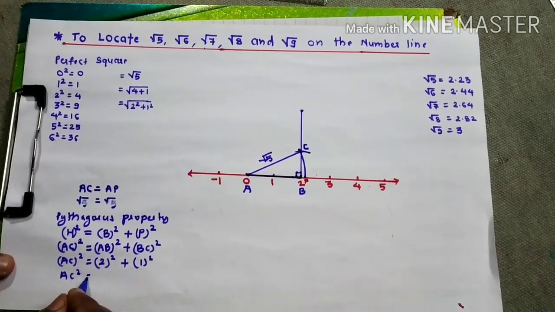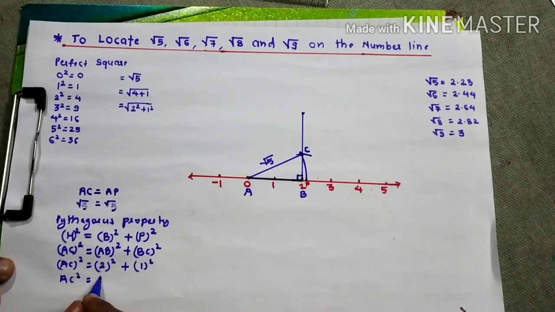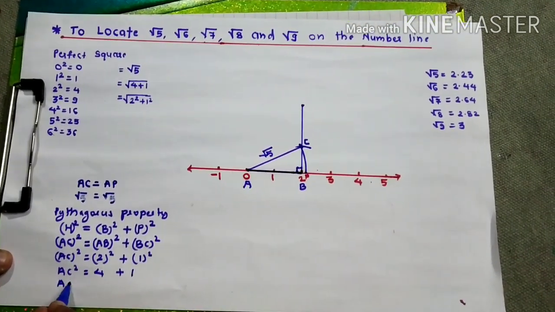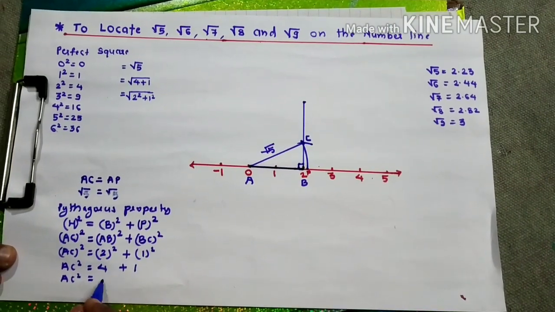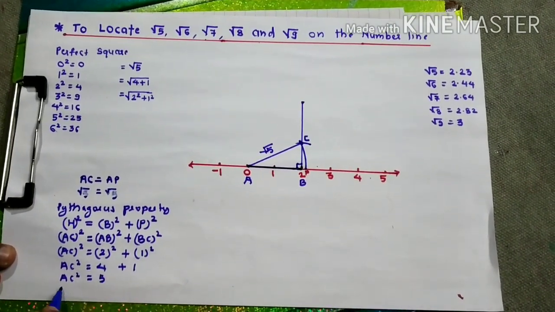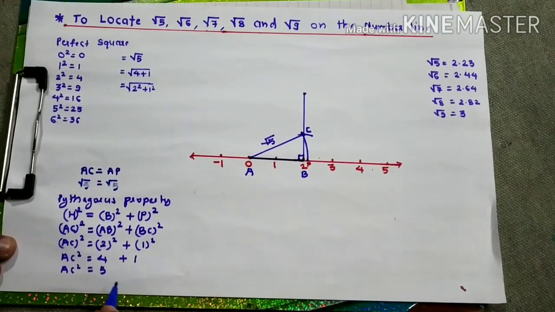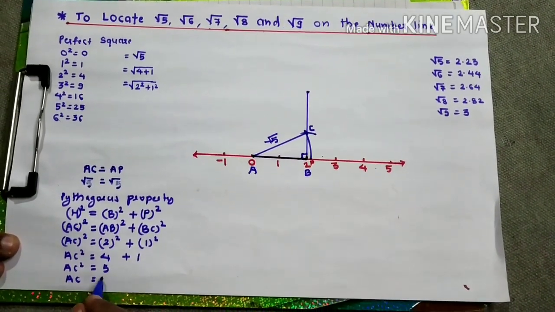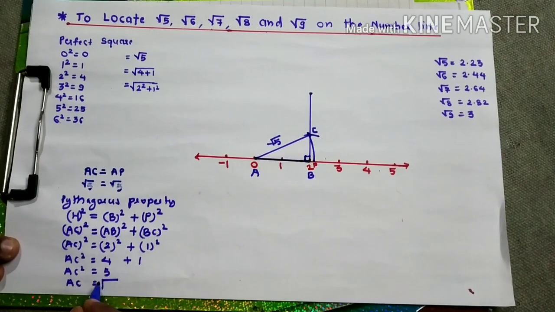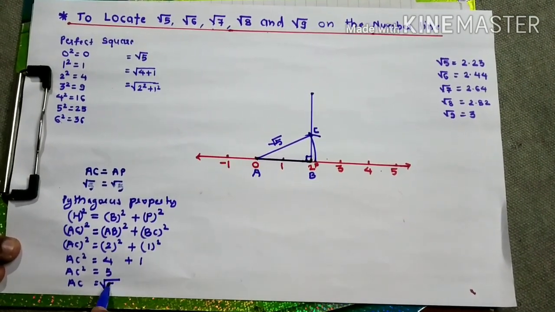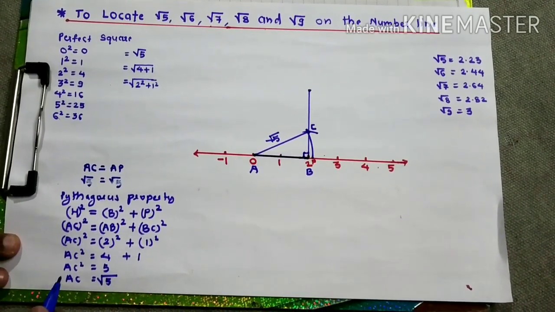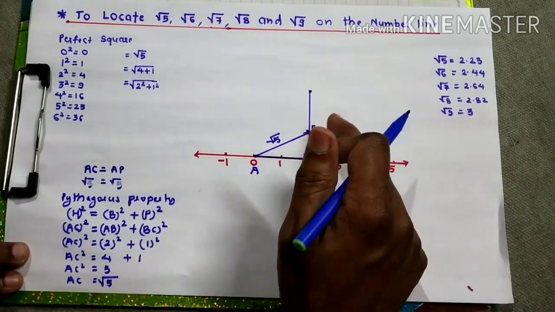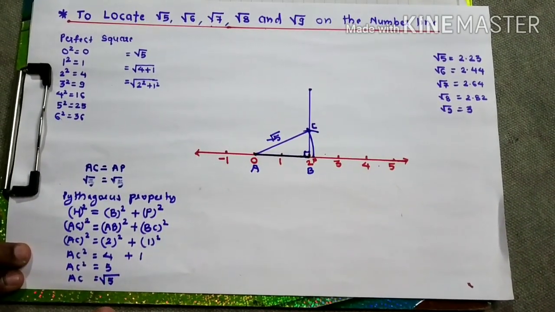AC square is equal to 2 square, which is 4, plus 1 square, which is 1. So AC square is equal to 4 plus 1, which is 5. This square I will bring to the right hand side. So AC is equal to, we will get here under root, 5. So this way we can prove AC is equal to root 5.